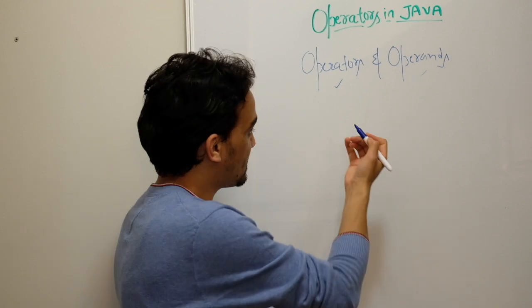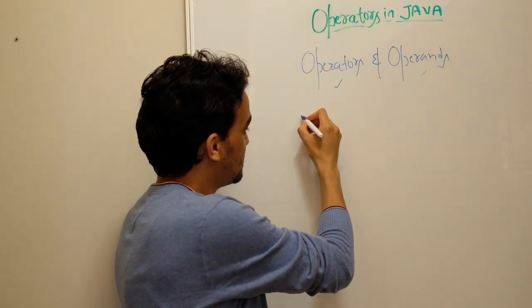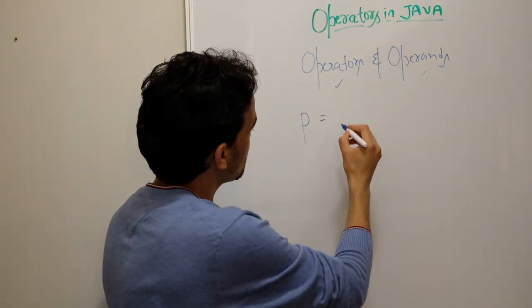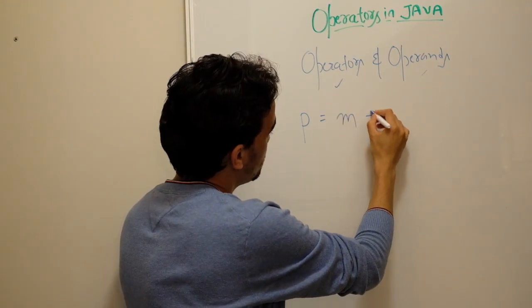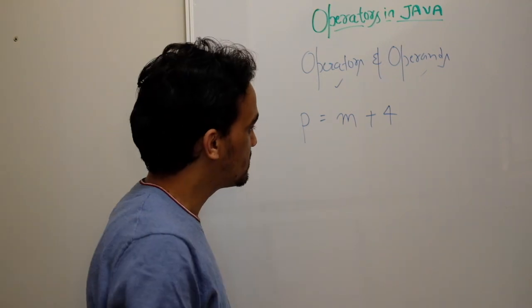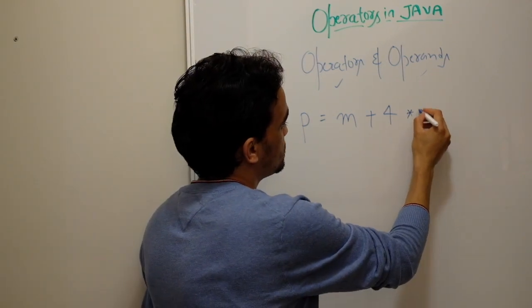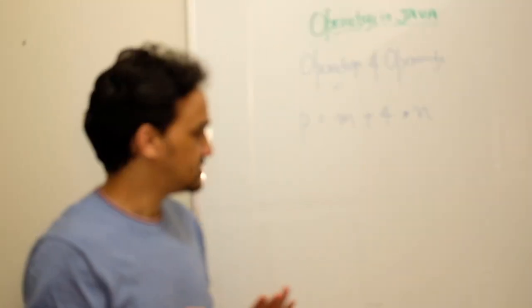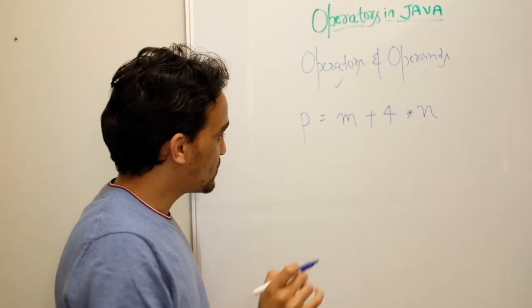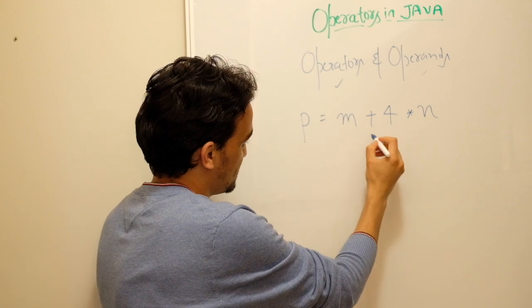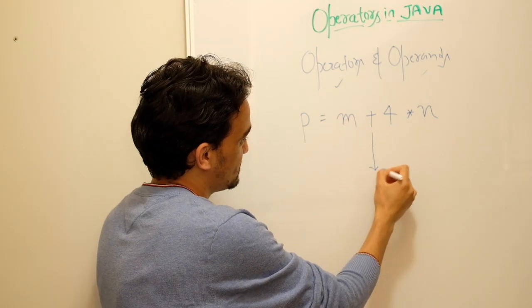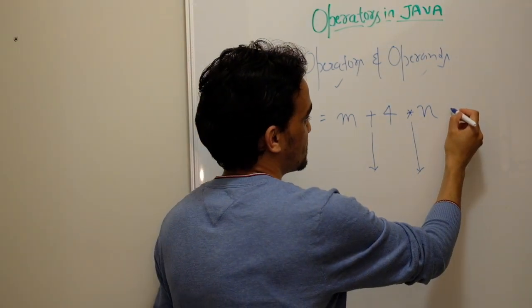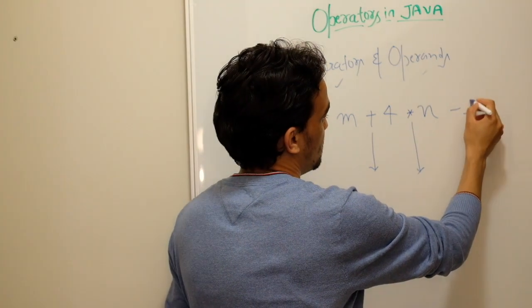Let's suppose I have an expression here. Let's suppose p equal to m plus 4 into n, or maybe minus l.